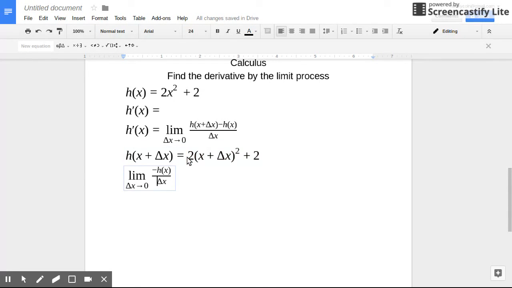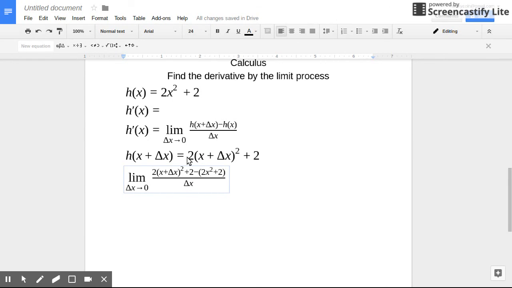So all that gets put in for where that h of x plus delta x was at. Minus h of x. So what's our h of x? Now remember, we're going to have to put this in parentheses. If you don't put this in parentheses, you're going to be in big trouble, because you'll forget to distribute that minus across. So remember, don't forget to put that in parentheses there.